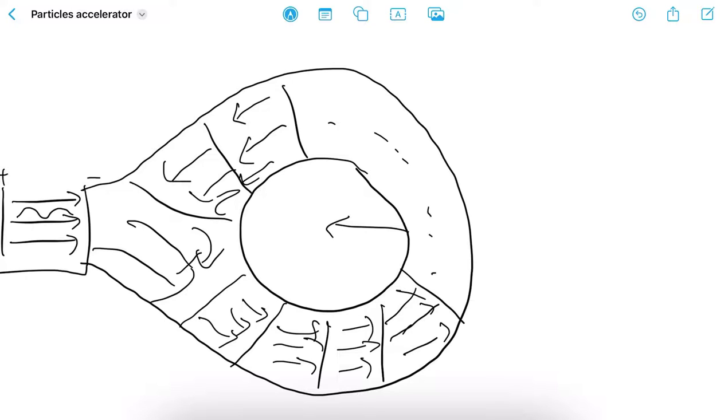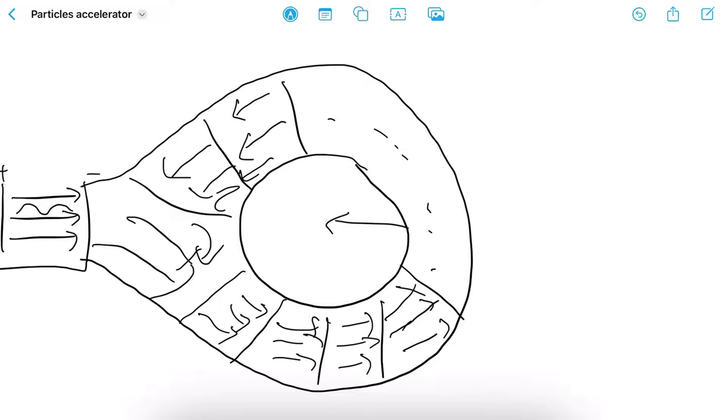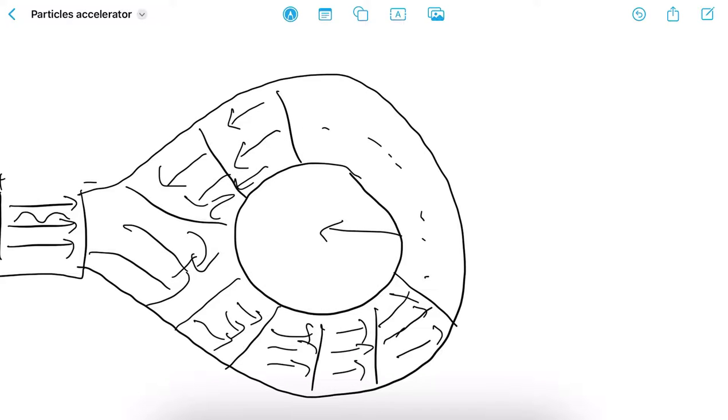And usually there is electric, and along beside the electric we have a magnetic field, and that magnetic field is perpendicular to the electric field, which is what we want.